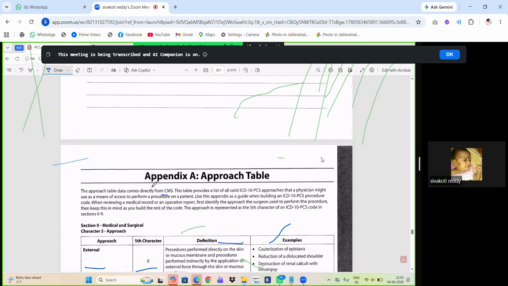Done, guys. Laparoscopy, arthroscopy, thoracoscopy.